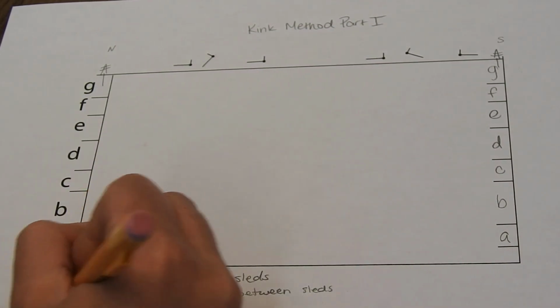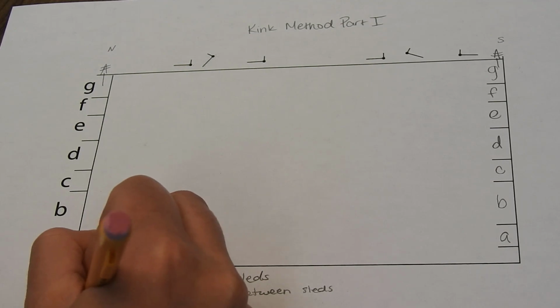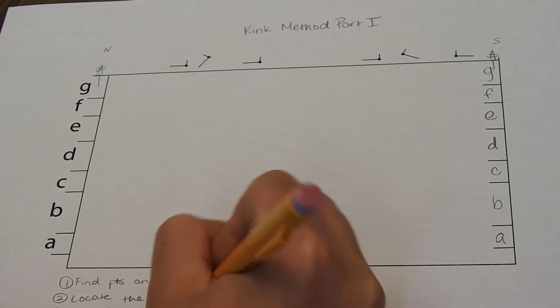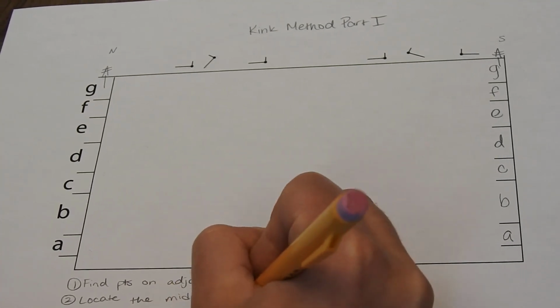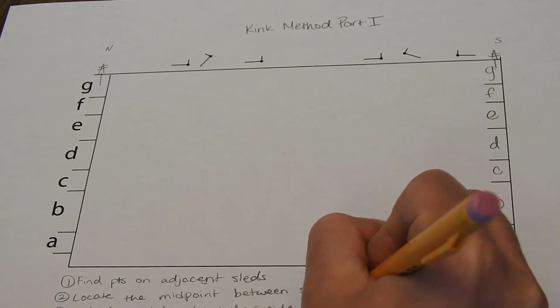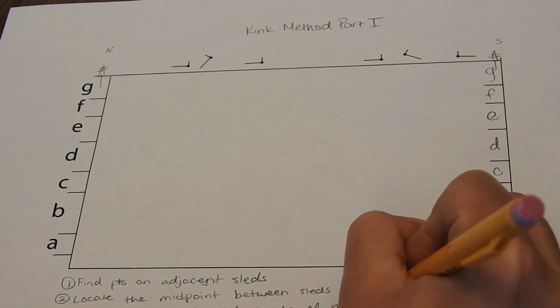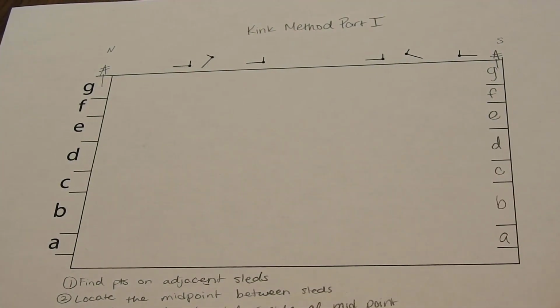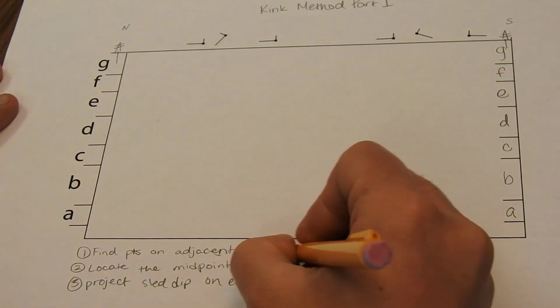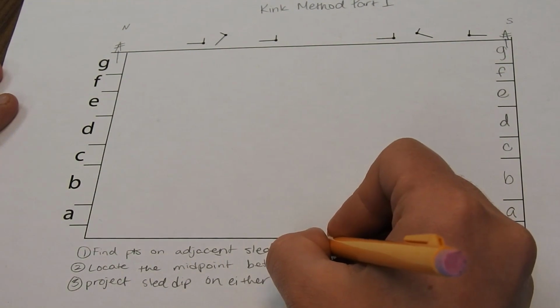Then we're going to project the sled dip on either side of the midpoint. So here's what this is going to look like, just to give you an idea. We're going to have maybe two sleds that look something like this.